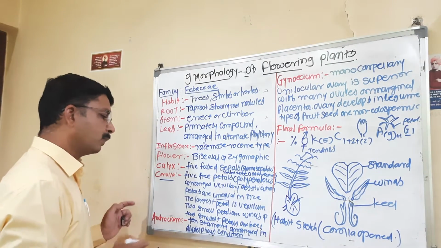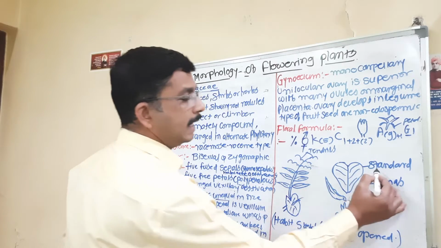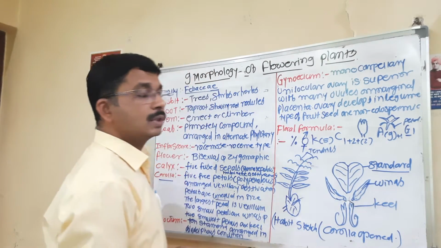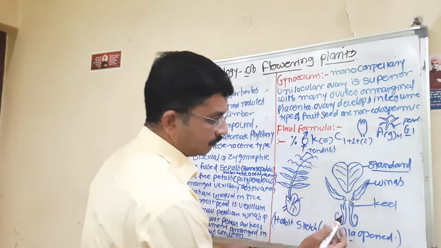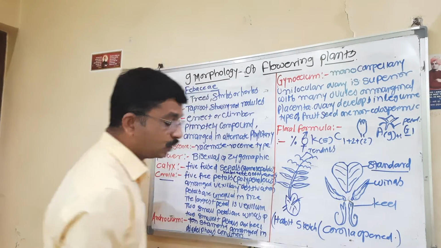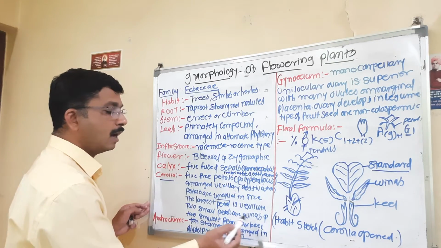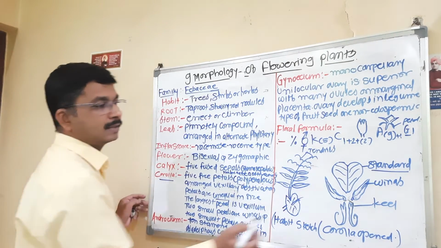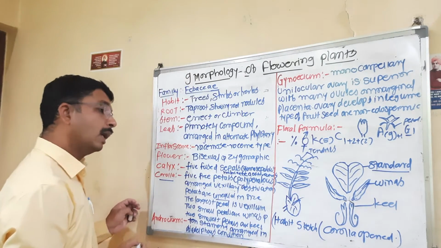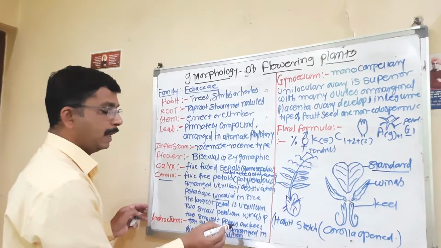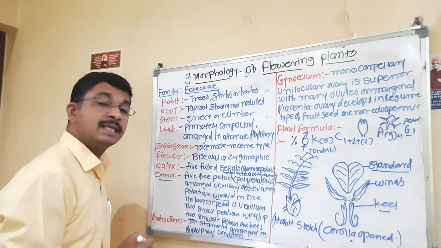The largest petal is the vexillum or standard. This is the largest petal compared to these two. Then two smaller petals are called wings, and the two smaller petals are called keels.